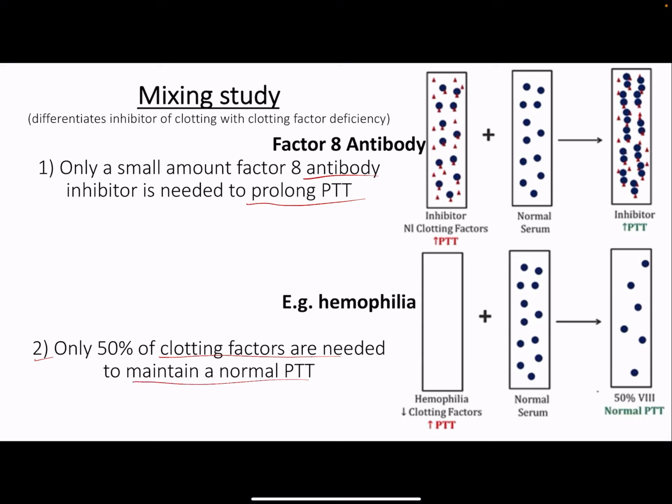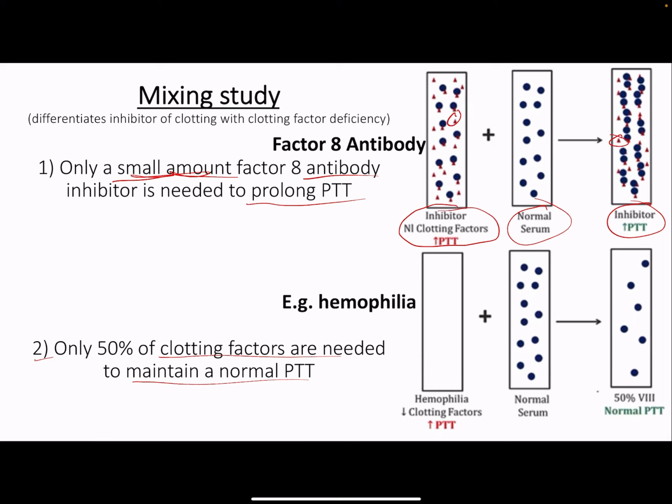So what's going to happen is this might be my patient. Let's say the truth is that my patient has an inhibitor. They have the antibody. We mix their serum with normal serum, and the inhibitors, the little triangles, are going to still be there. And like we said, you only need a small amount of an inhibitor to inhibit everything. So this will prolong the PTT.